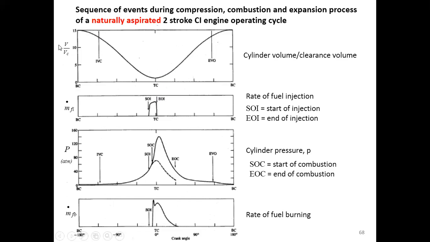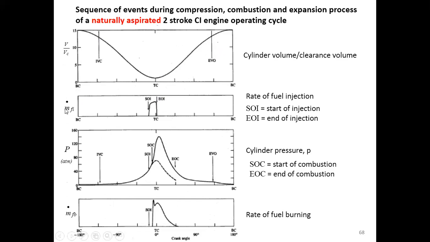Along the way, you will see the positions of the crank angle where the inlet valve closes and the exhaust valve opens. The second one shows the mass of the fuel injected, or the rate of fuel injection.